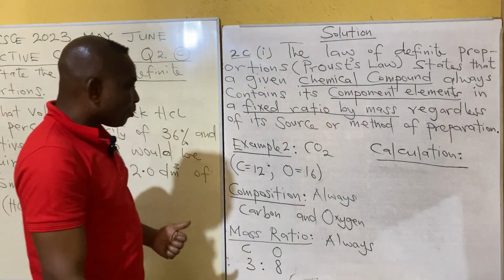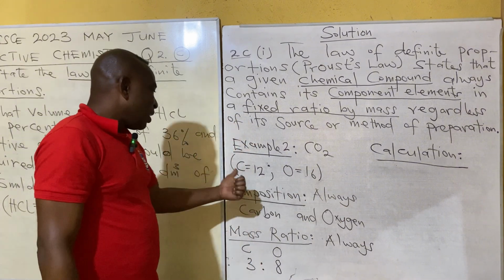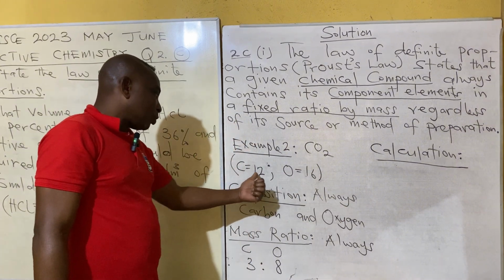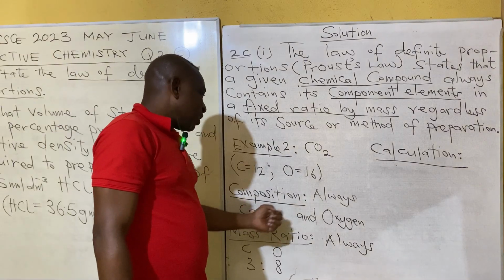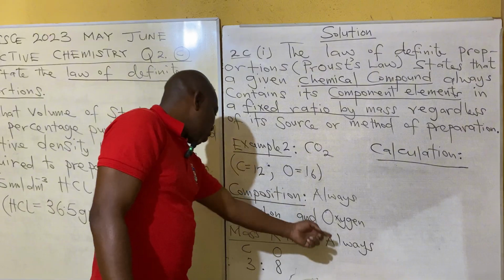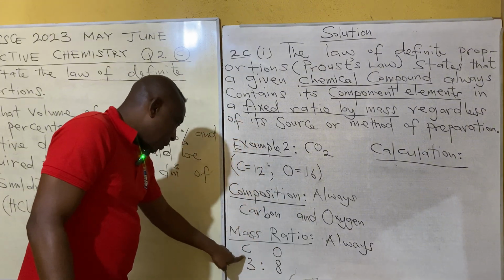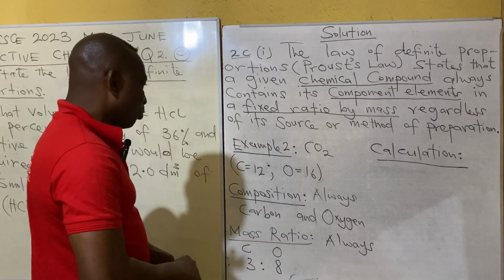The second example is carbon dioxide. The relative atomic mass of carbon is 12 and that of oxygen is 16. The composition is always carbon and oxygen, and the mass ratio is always 3 for carbon and 8 for oxygen. Let's do the computation.